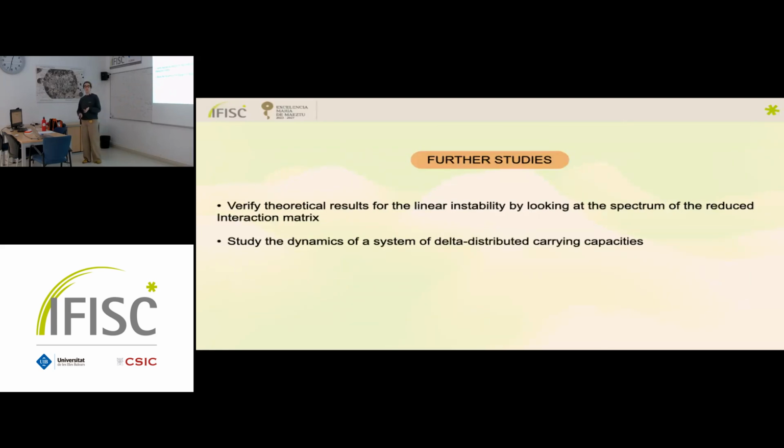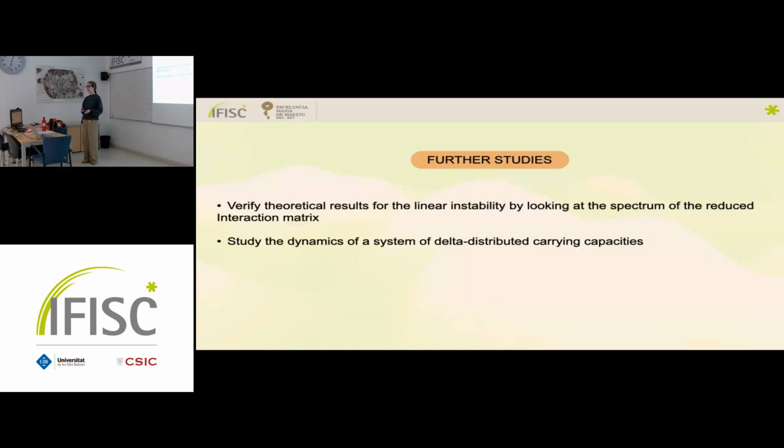What we want to do now is basically the same that we did when I showed you the P and M as a function of sigma squared, where I compare theoretical values to numerical ones. The idea to compare to numerical ones here, to see if the system actually reaches instability for the values we predicted, is to look at the spectrum of the reduced interaction matrix to check the validity of the phase diagram.